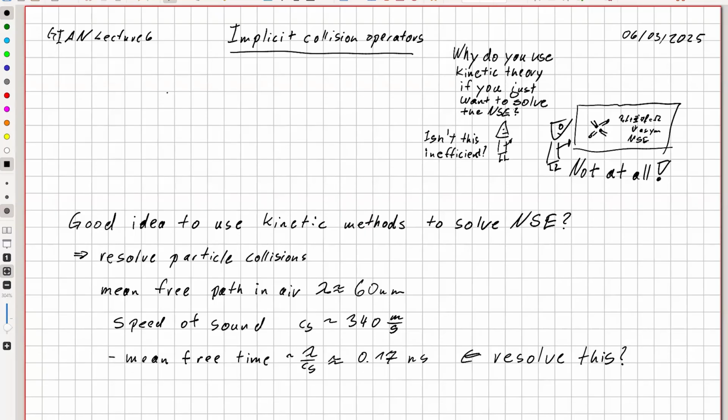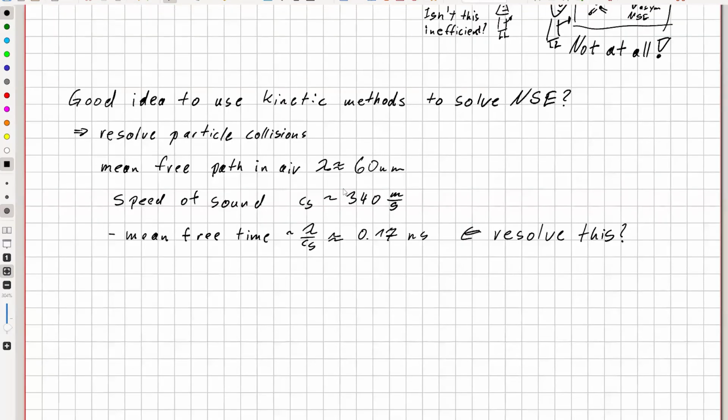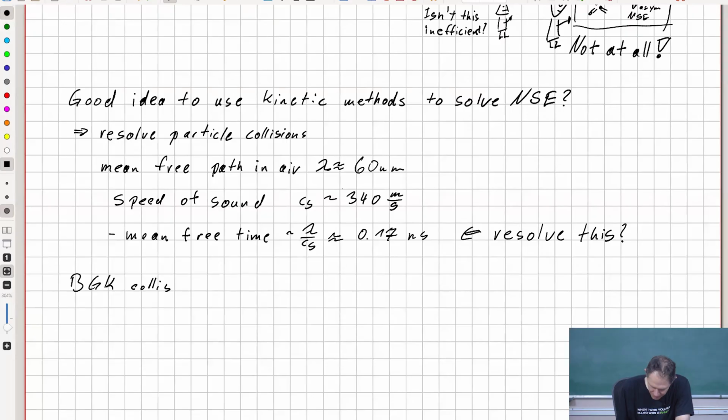Now let us look at the BGK collision operator, now specifically for LBM. Sometimes it's called LBGK, the lattice BGK equation.